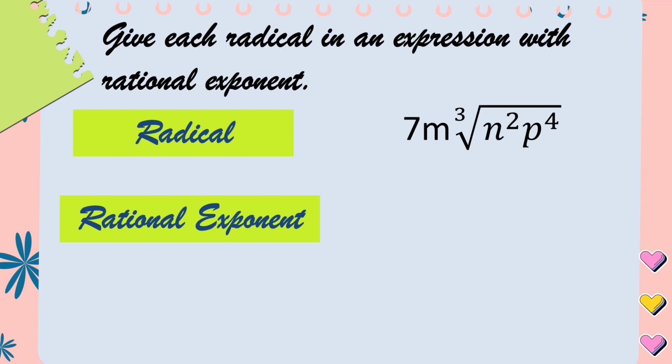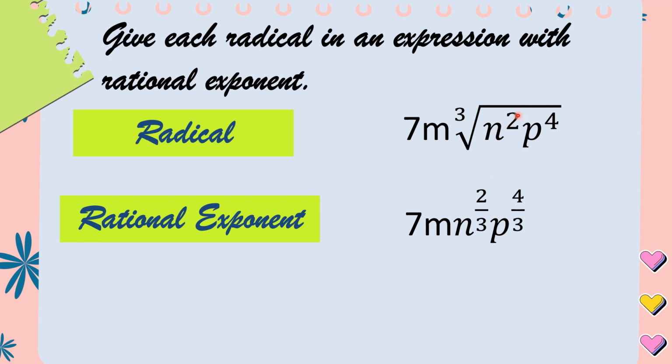7m cube root of n squared p raised to 4. Anyone? Alright, if your answer is 7m n raised to 2 over 3 p raised to 4 over 3, then you are correct.